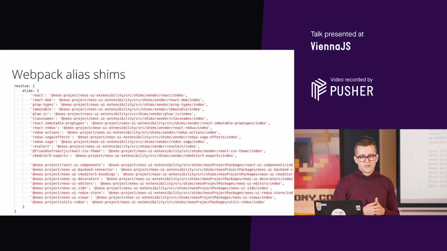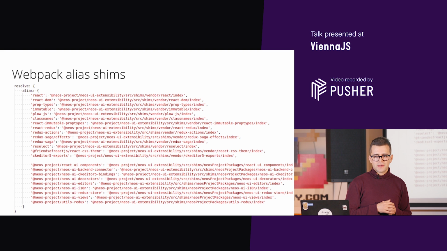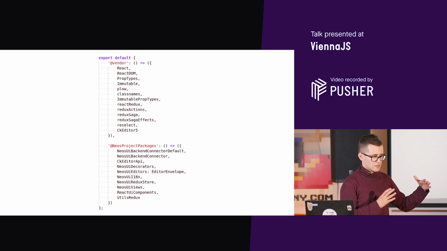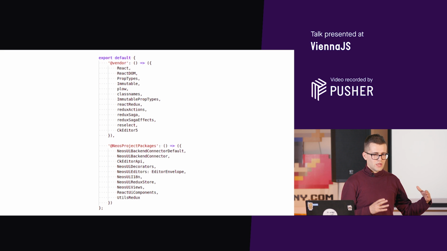And for that, we are using Webpack's alias feature. We are exposing parts of the user interface and some libraries as a property on a window object.